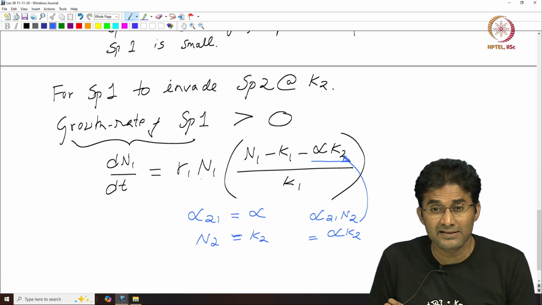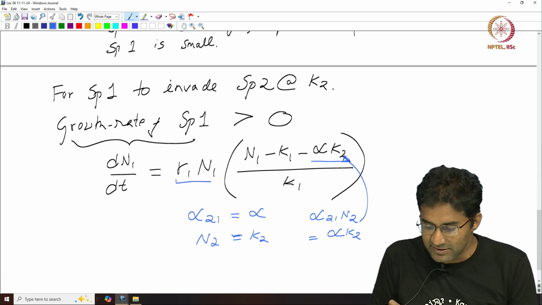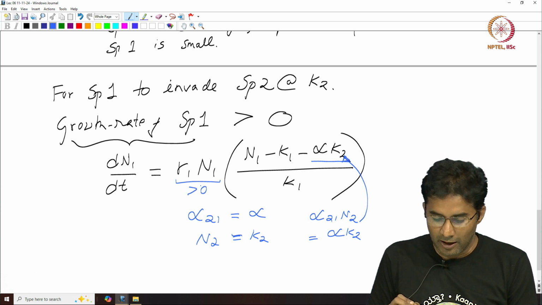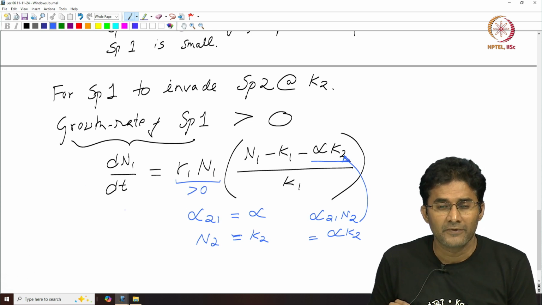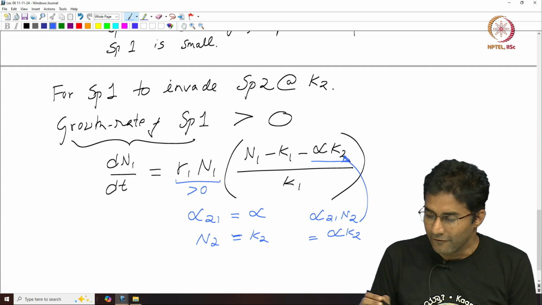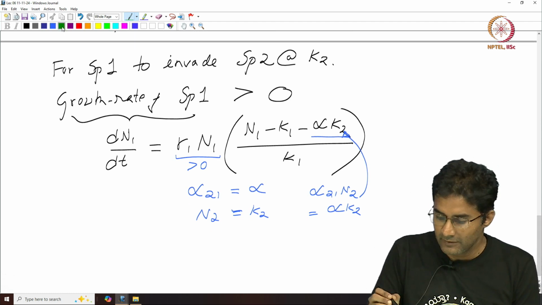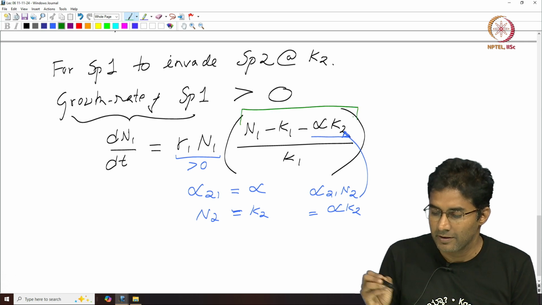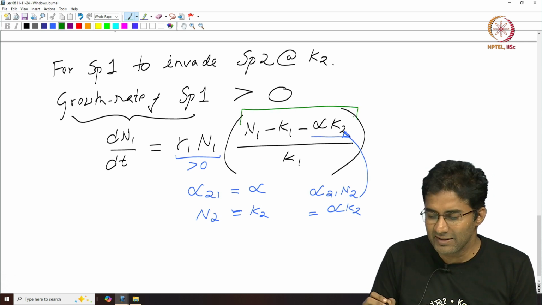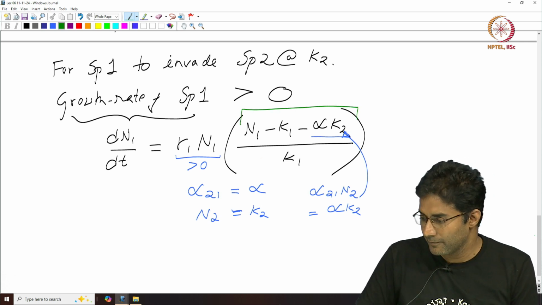Remember that N1 is really tiny and this part of the equation is always positive. For the entire growth rate to be positive, we would need the numerator of this expression to be positive.